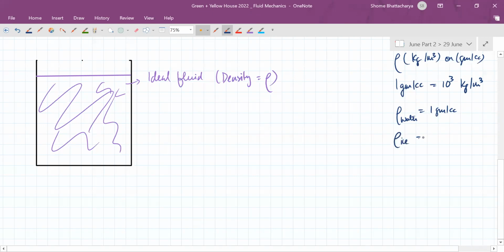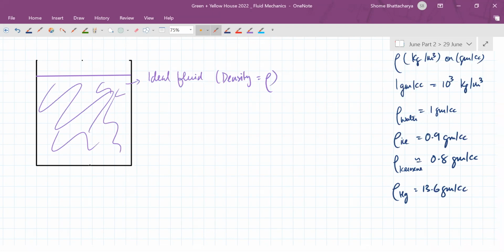Density of ice is about 0.9 gram per cc. Density of something like kerosene oil is approximately 0.8 gram per cc. Density of mercury is 13.6 gram per cc. These are some of the standard values. You don't need to memorize them.